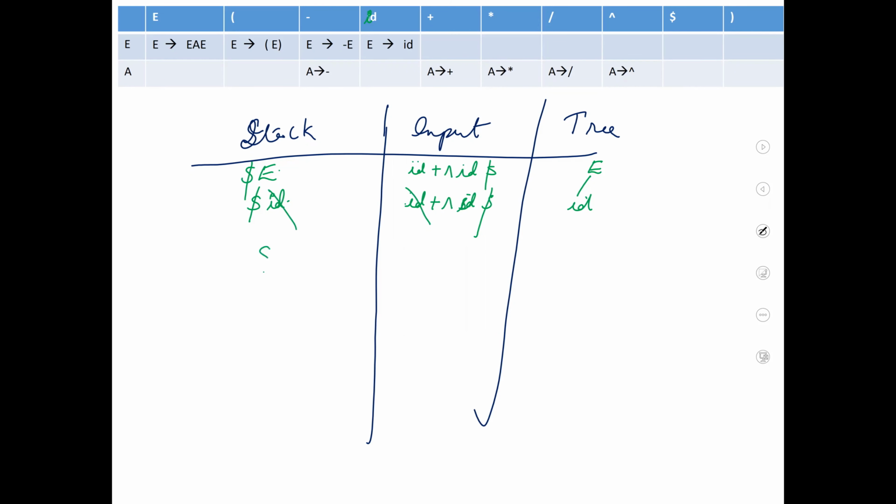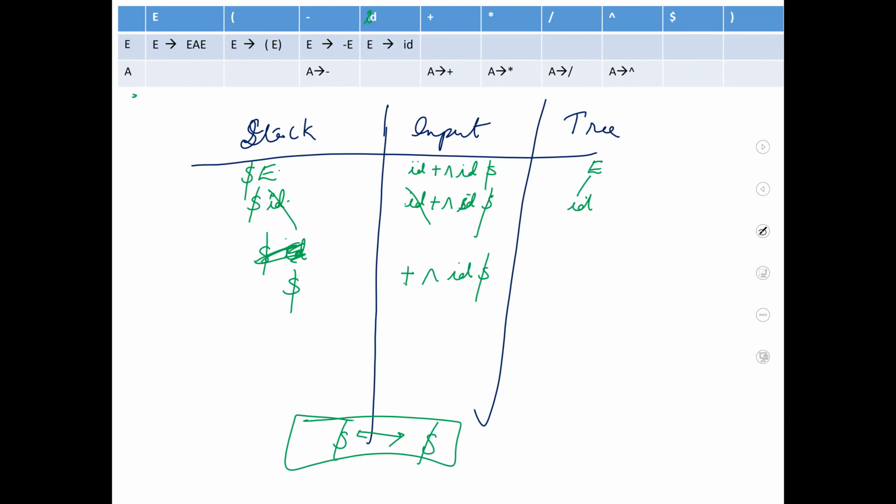So now I don't have anything over here, I just have a dollar. I do have a plus in the input. Dollar encounters a plus. Look here, I don't have a dollar entry. Usually you should be getting an ideal case: dollar encounters dollar.